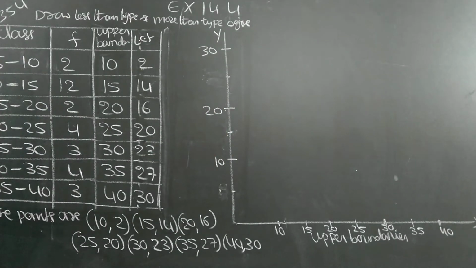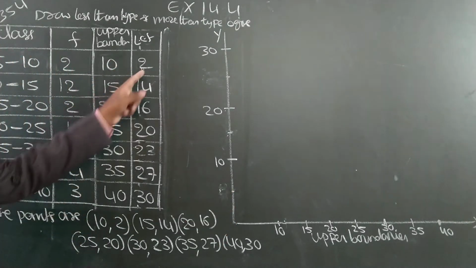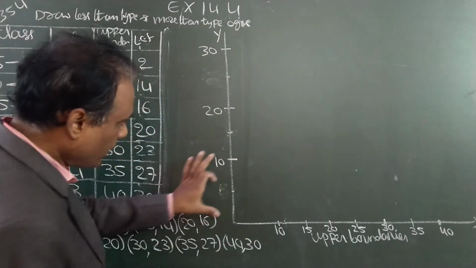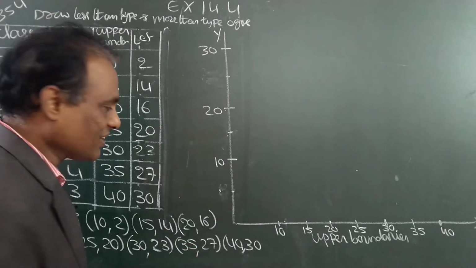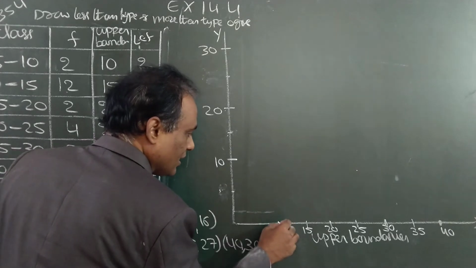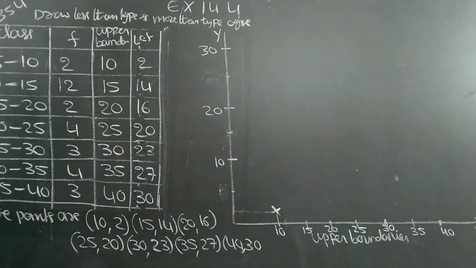Now plotting the points: 10, 2. 2 means, in this big box, every small box is 1, so take 2 boxes.